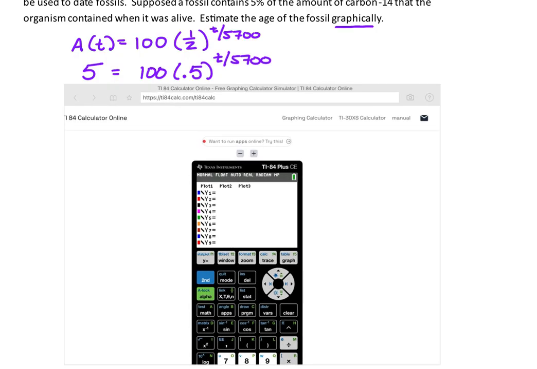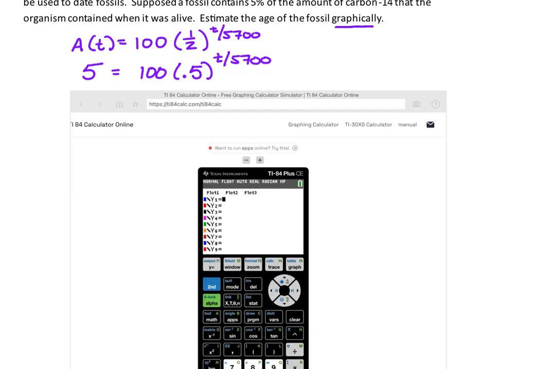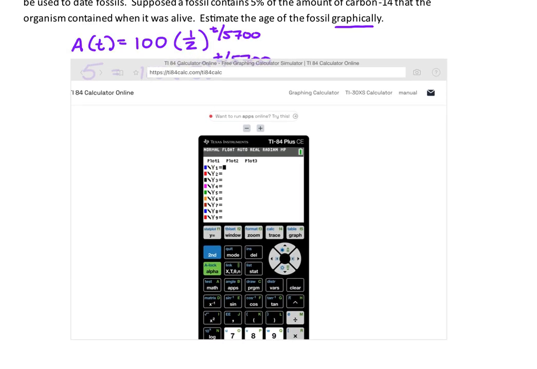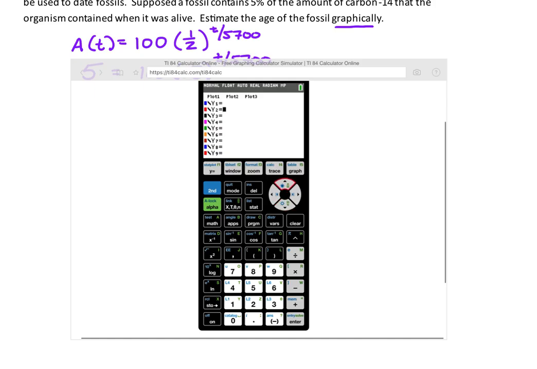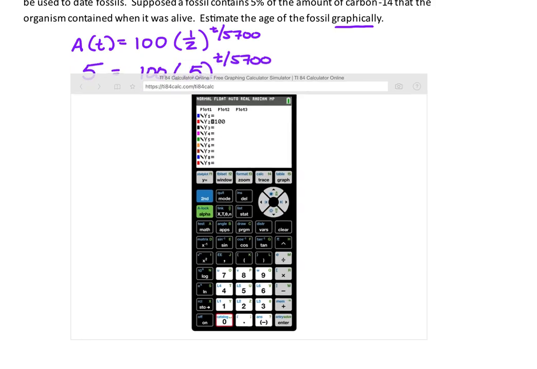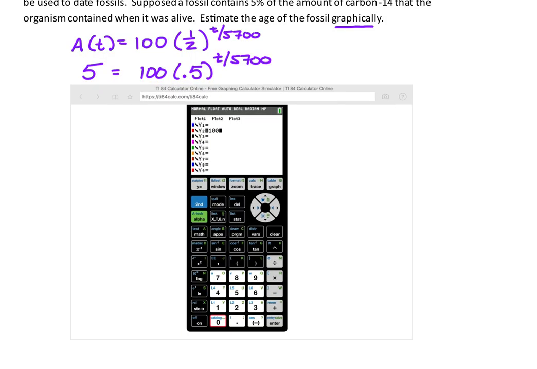We're going to plug in 100 times 0.5 raised to the x divided by 5700.